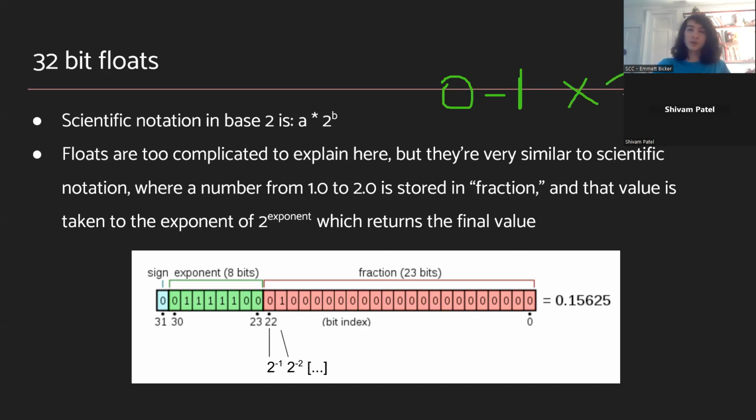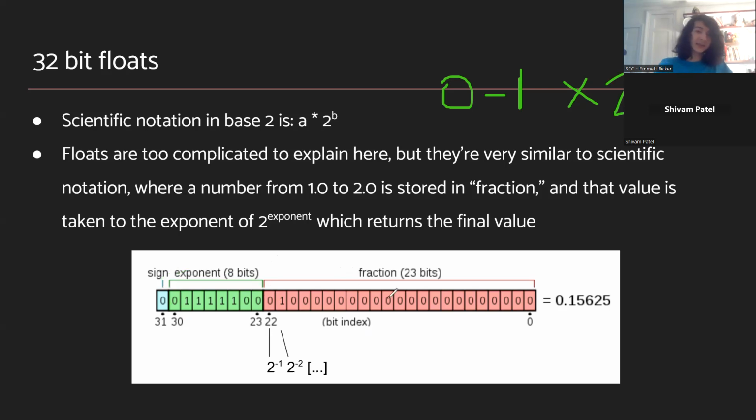Times 2 to the exponent power. So in your computer, a float would be stored as this fraction over here, which is going to be a binary representation of a fractional number. And then that will be multiplied by 2 to the power of whatever this exponent over here is, which is also going to be counted.